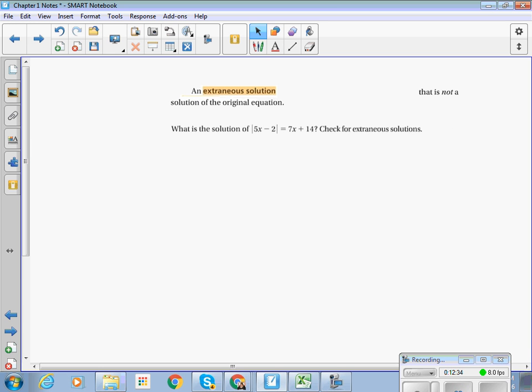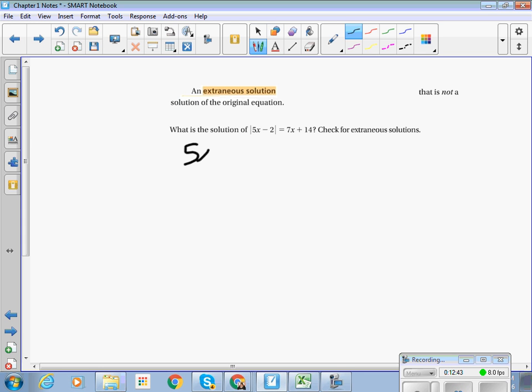So if you look, I do have everything solved on the left-hand side for absolute value. So I'm going to write 2 possible outcomes. Pick the one where it's the positive one first.